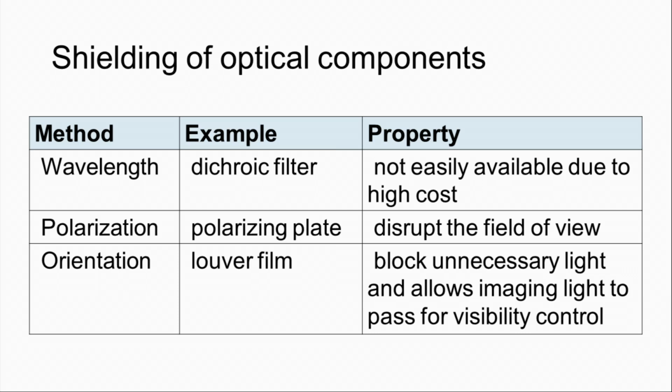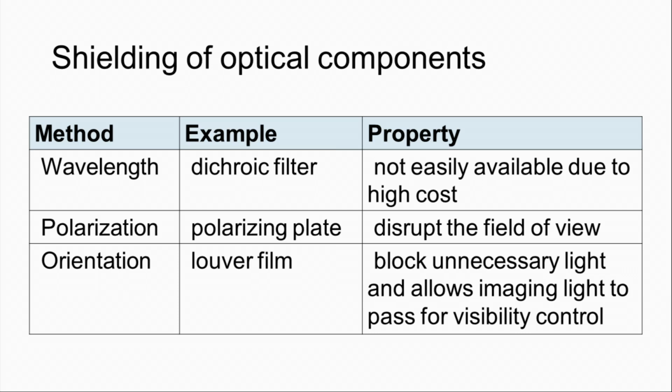There are three methods of shielding of optical components. The first method is using a filter that selectively transmits or absorbs light of a specific wavelength. However, such filters are not easily available due to high cost. The next method is using a polarizing plate. It is possible to hide the light source by placing a polarizing plate in the light path after the mid-air image has passed through the AIP.